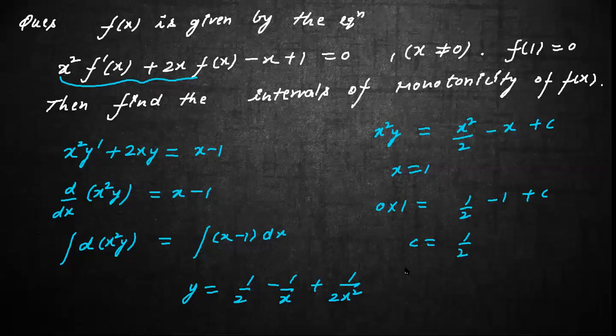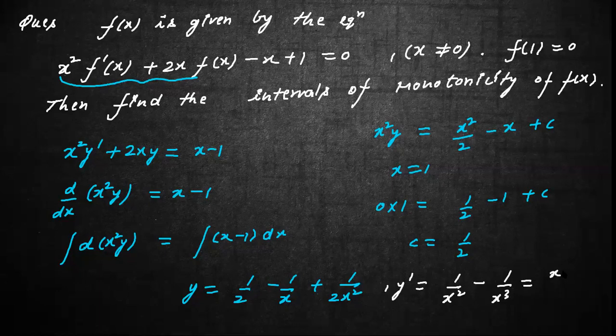So we can write down the derivative at least. So the derivative will be y dash equals 0, this is 1 by x square minus, 2 cancels, this will be 1 by x cube. So this becomes x minus 1 divided by x cube.